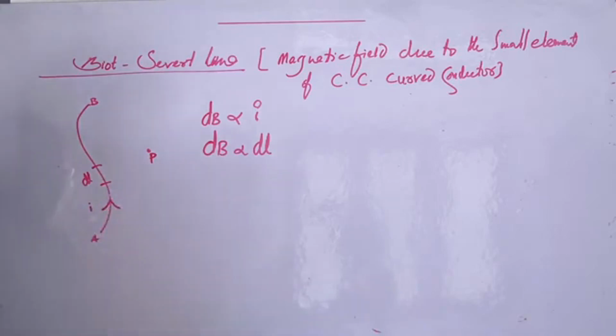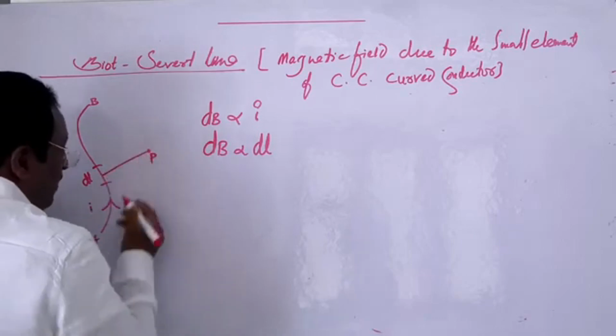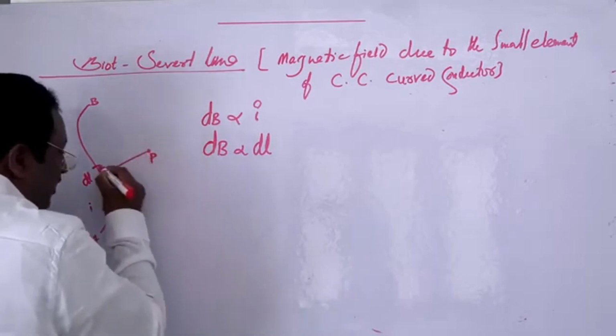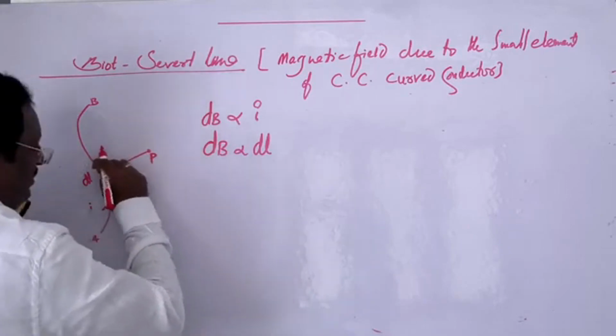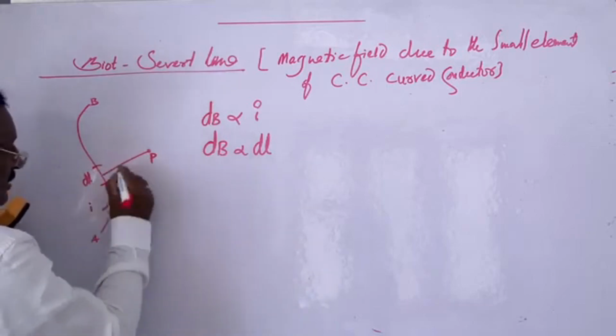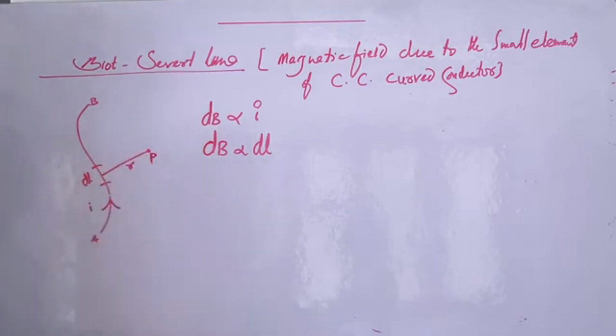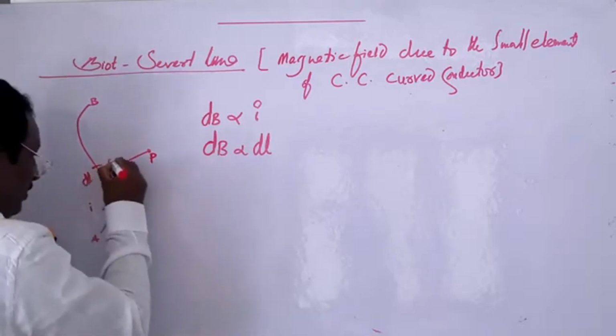That is why we connect the point P and this element. Here r is the distance of this point from the source, the position vector. The angle between them is theta.